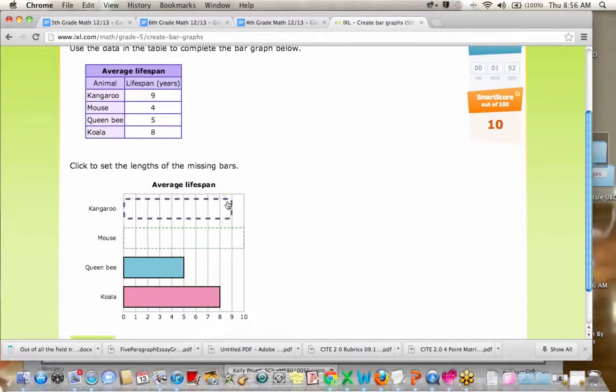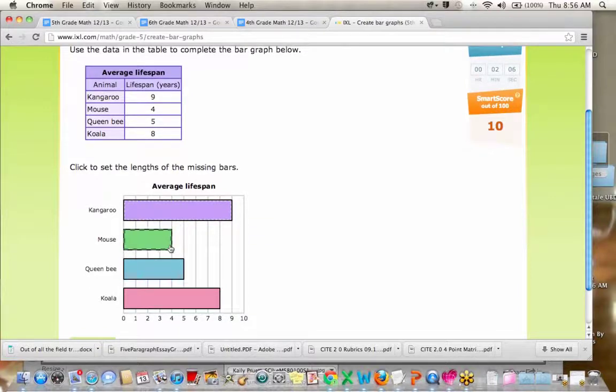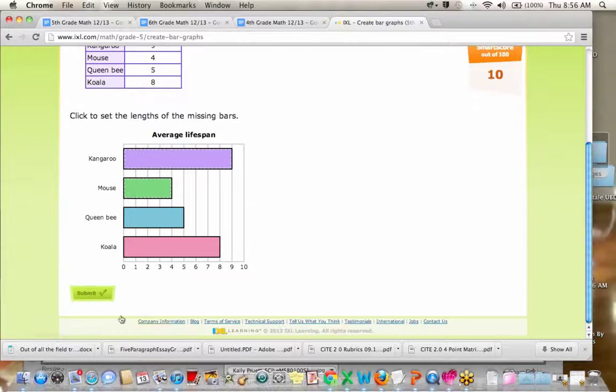Good. Very nice. And then a mouse. What do I need to type in for a mouse? Looks like 4 years. So, yay! All right, let's submit it and see how we did.